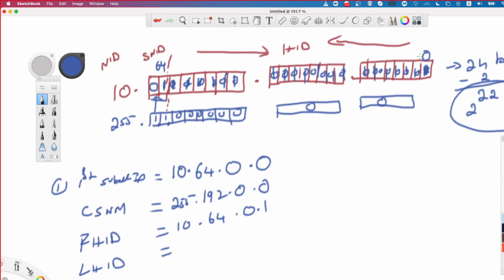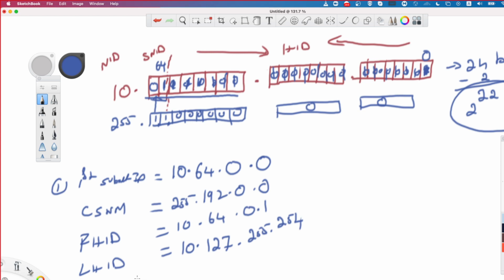Now convert this into decimal. Of course, the first octet value will be 10, but the second octet value has changed now. You add all the values except 128, because the 128 bit is a false bit. If you add that, you will get 127. The third octet value is going to be 255 and the fourth octet value is going to be 254.